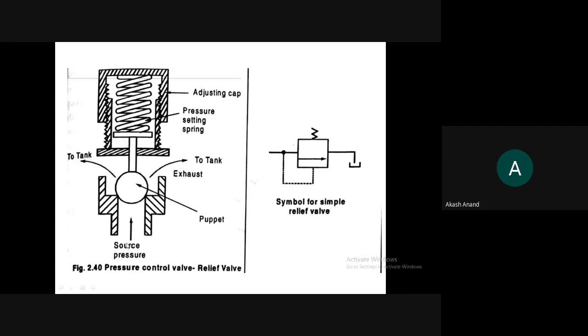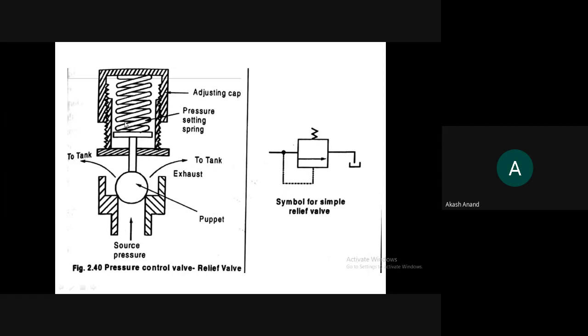If the pressure reaches the threshold pressure required to lift this poppet, the flow from this region, the source pressure, which is the high pressure flow region from the pump usually, will lift the poppet and the spring will get compressed according to the magnitude of the pressure.